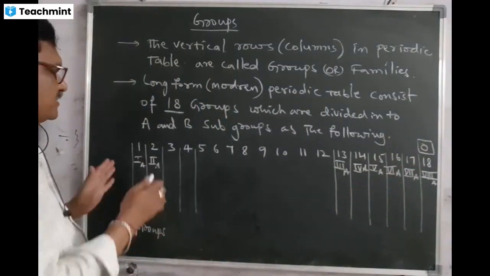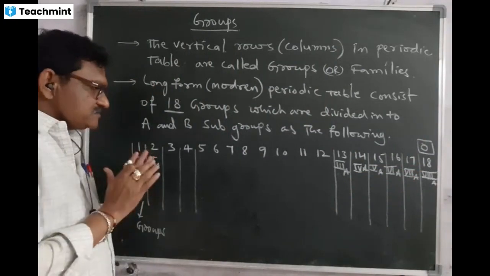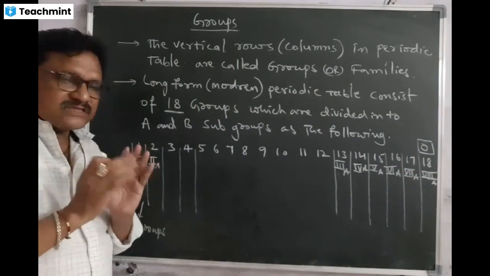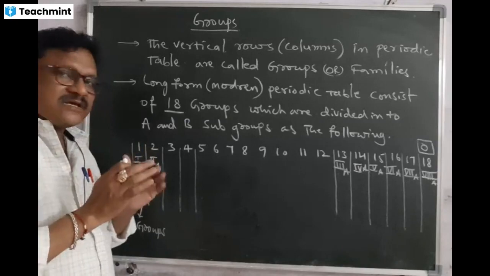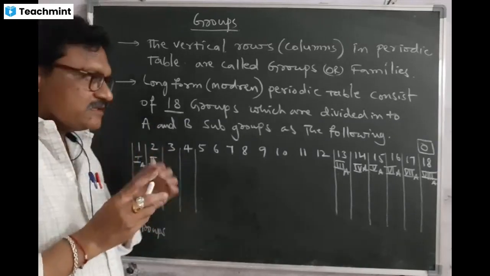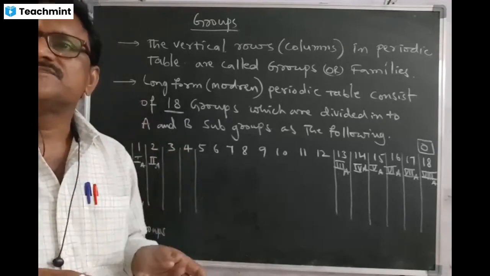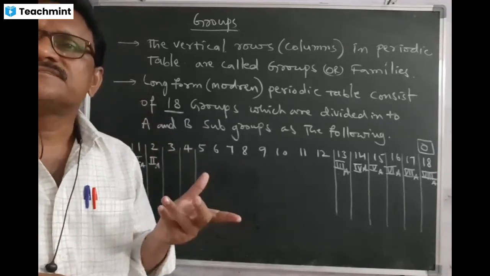Okay. See, you try to understand slowly, step by step. I will give you clear information, because at this stage understanding of the periodic table is somewhat tricky and also logical.